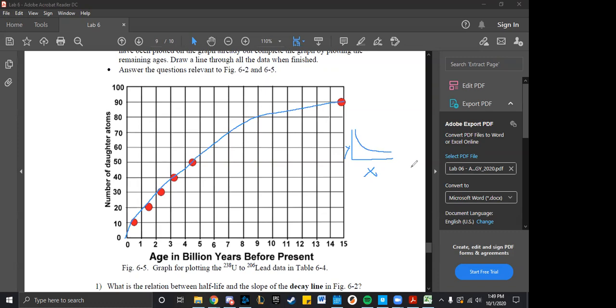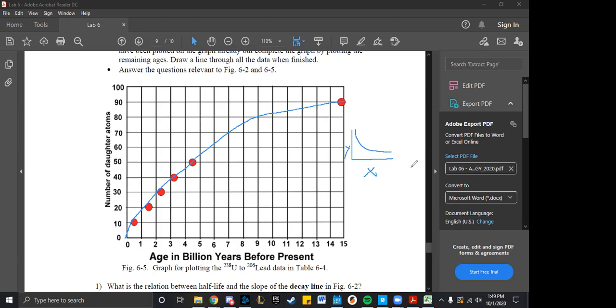Well, the relationship between half-life and the decay line is that half-life is the time it takes for one parent atom to decay halfway. And the slope of the decay line is, how would you say this?